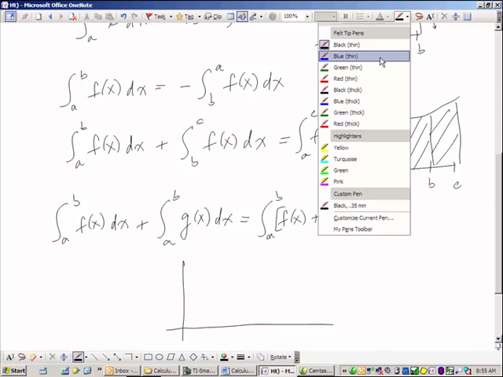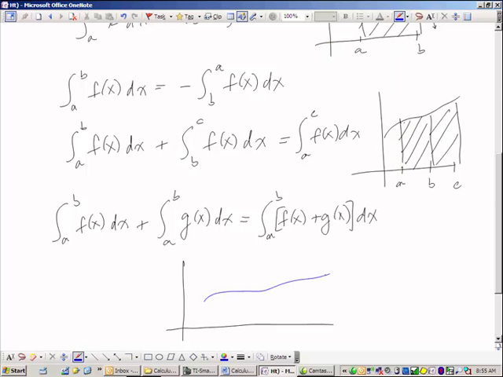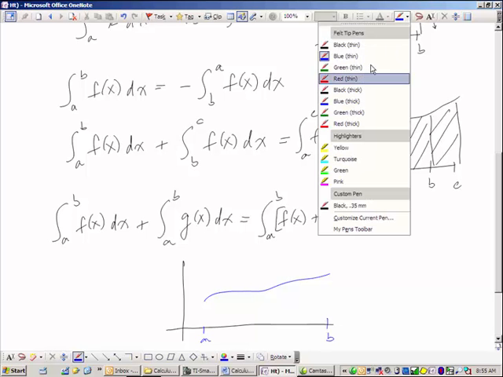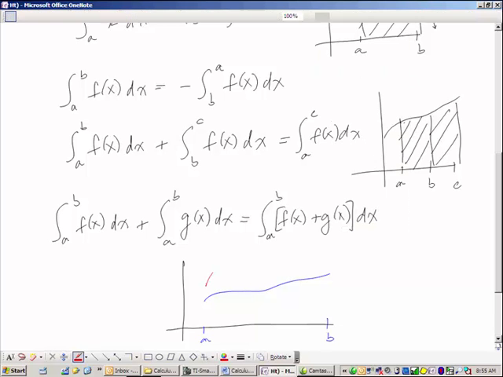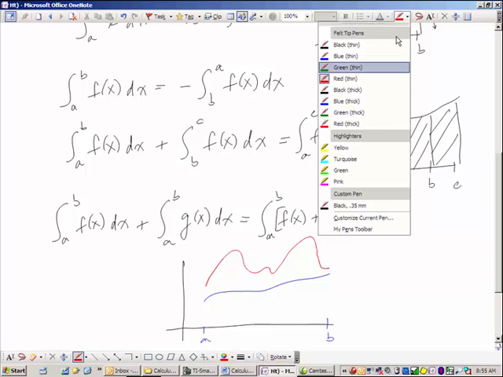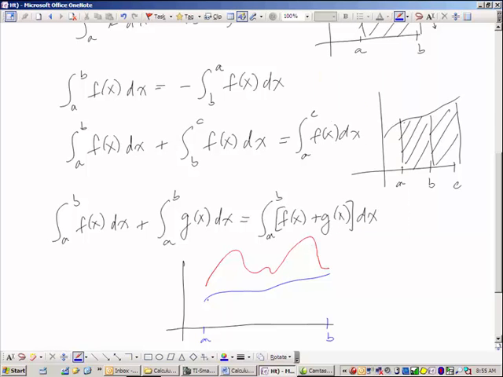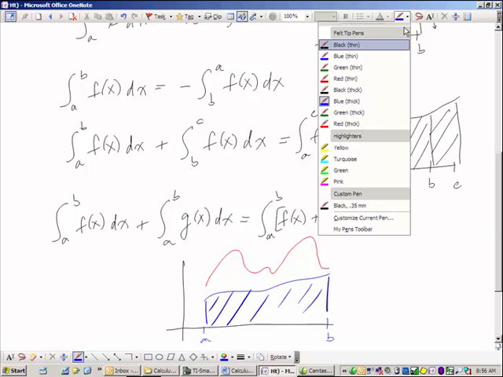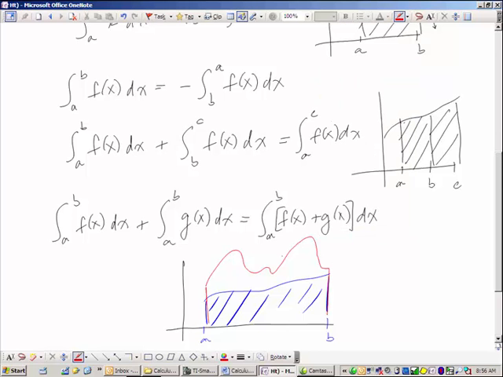Maybe I'll use blue for f of x, and I'll use red for g of x. So the definite integral of f of x is the blue, right? I don't know why I used thick, sorry. And the definite integral for g of x is the red.